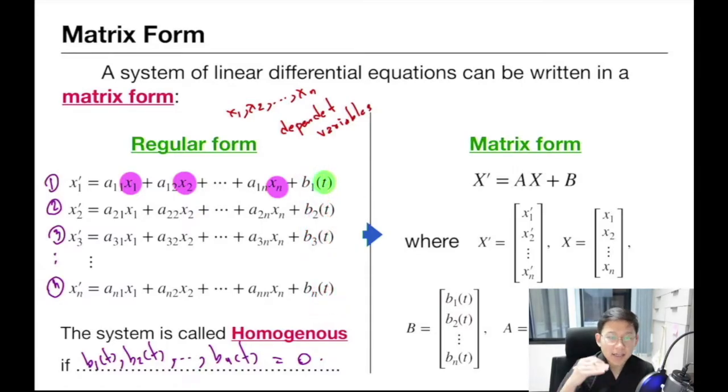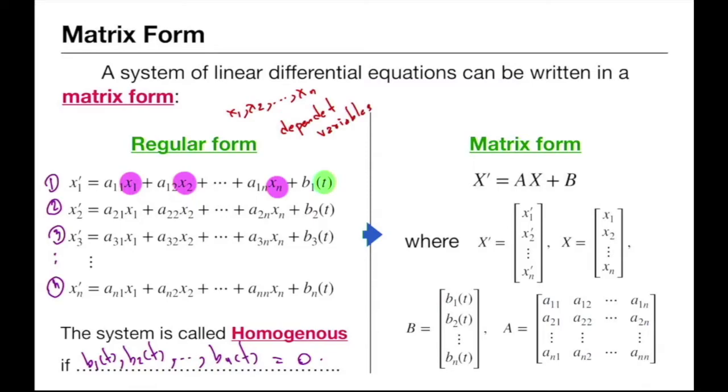And as you can see, we can write the left regular form as the right matrix form, and it's going to be in this form, which is x prime equals Ax plus b. Guys, don't forget x prime here is a vector.